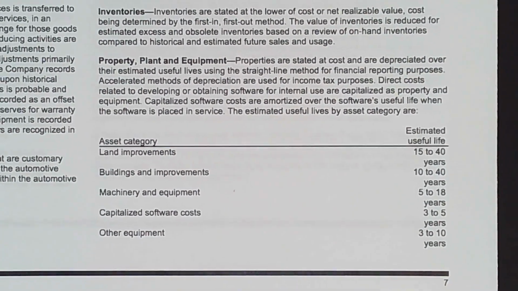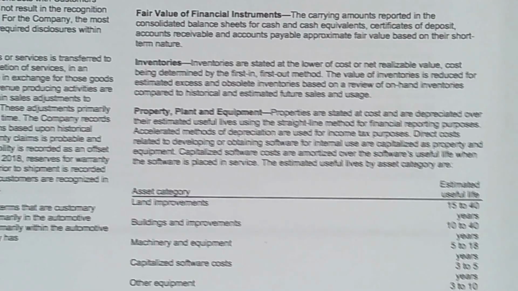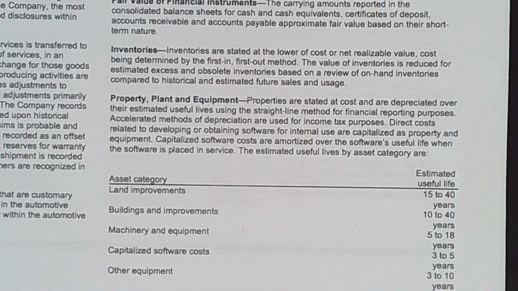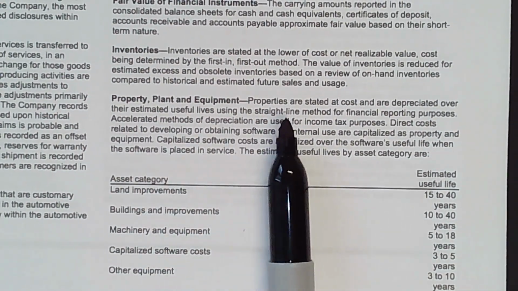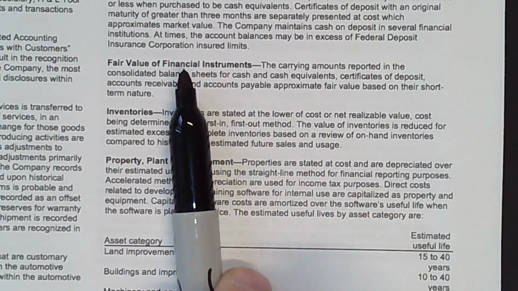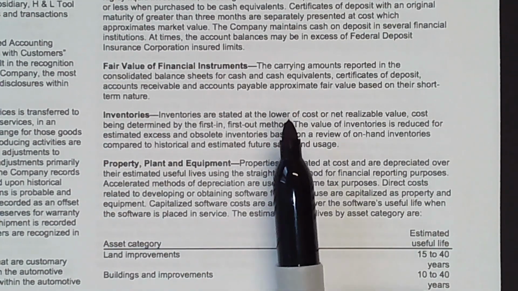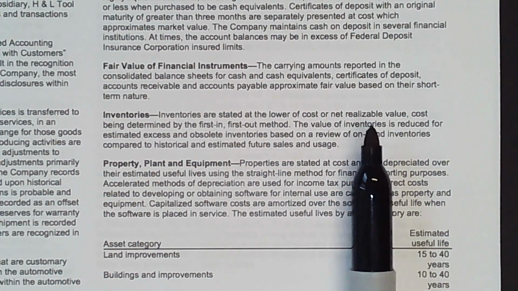And then the last one that I want to chat about, there's a couple more. Property, plant, and equipment, right? So properties are stated at cost, right? Some financial instruments are at fair value. So we have fair value, we have cost, and now we have lower of cost or net realizable value.